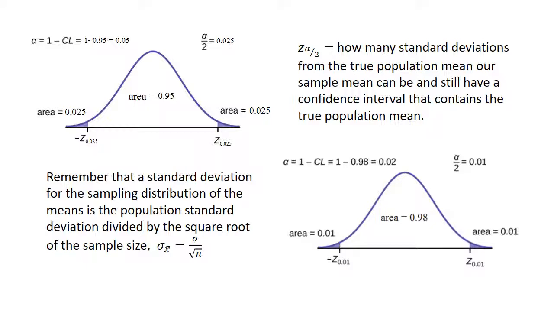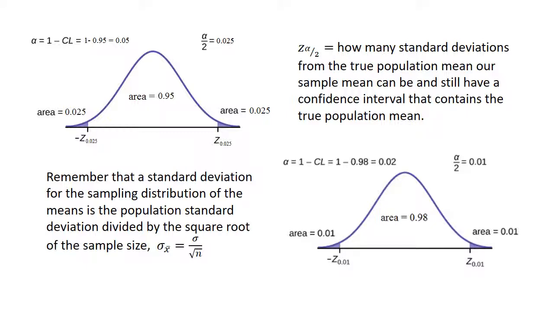That means 5% divided by 2, 2.5% of our sample means are too low to contain the true population mean in the confidence interval, and 2.5% of the sample means are too big to have a confidence interval that contains the true population mean.